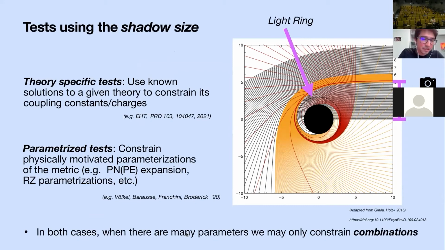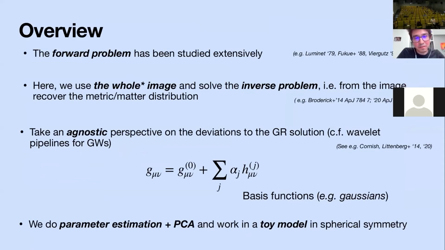This leaves a big room of parameter space unconstrained. However, what we tried to improve with this was to include more information by including all aspects of the image. Of course they relate to each other in a complicated manner, but we hope, as I tried to show in this example, that this gives a little bit more information than just the shadow size.